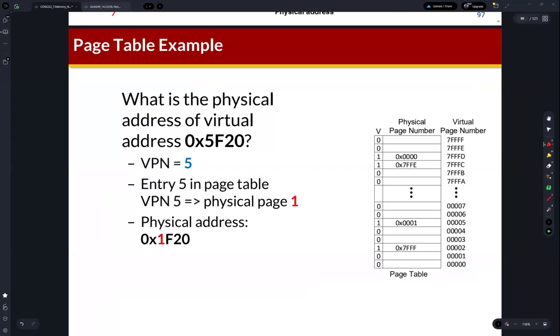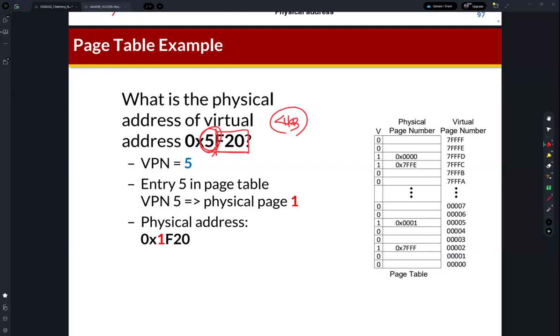This is the page table example, and what is the physical address of virtual address 5F20? Because the page size is 4 kilobytes, the lower 12 bits are the page offset, and this part is the virtual page number, right?